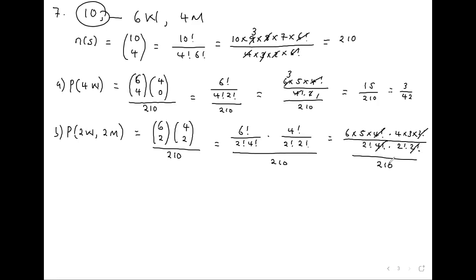Everything, remember, over 210. So we're getting 6 choose 2, that's 15 there. 4 choose 2, that's 6 there. So we have 15 multiplied by 6 over 210.